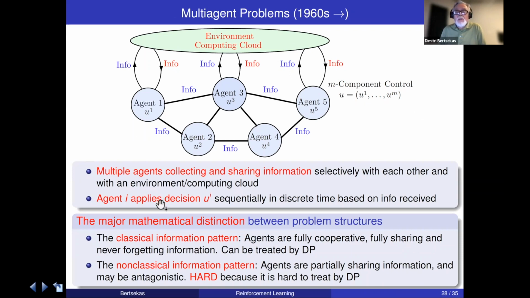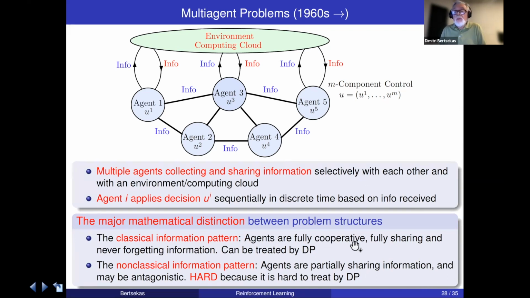But this problem area was revitalized when reinforcement learning came along with its powerful computational arsenal and problems that were thought to be impossible to address in the past. With reinforcement learning, in approximations, they became more feasible.